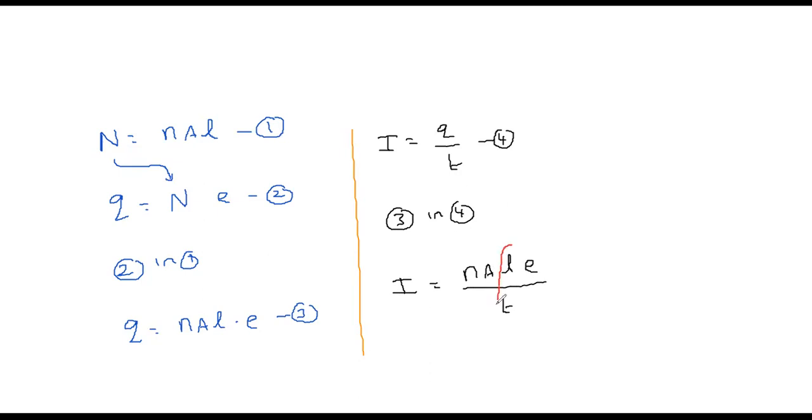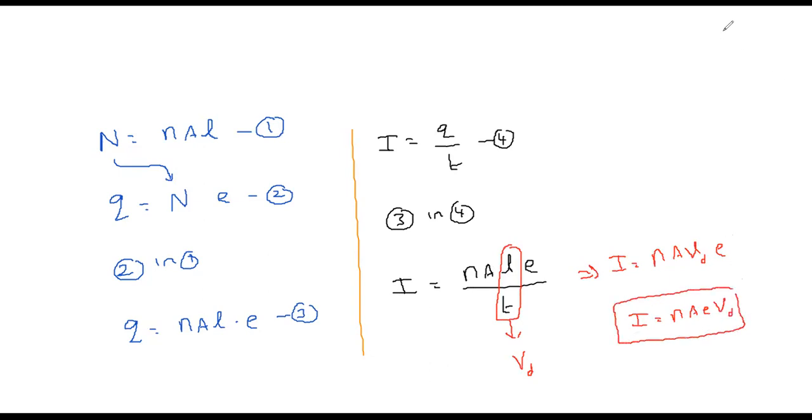But what is length by time? It is a velocity. We call it drift velocity, vd. So therefore I is equal to what? nAvd into e, or I is equal to nAevd. It is the relation between current and drift velocity. So any doubt, please ask me.